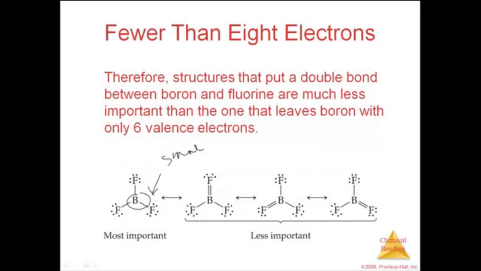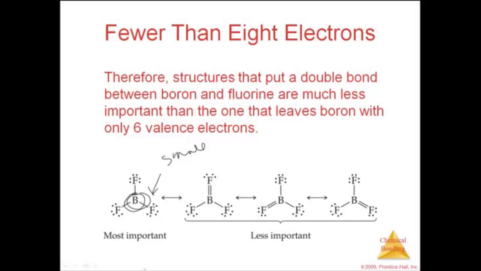Now, where you find less than a full octet is small atoms. If you look at where boron is, it's row 2, period 2, and it's got 3 valence electrons. So it's very small. So it kind of rationalizes that a small atom sometimes can't fit all 8.